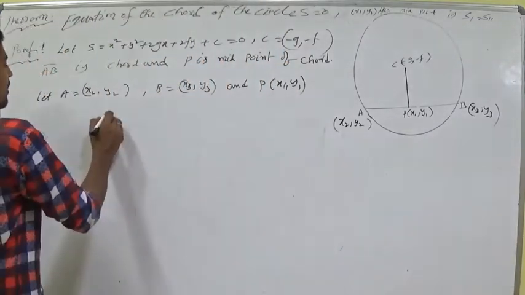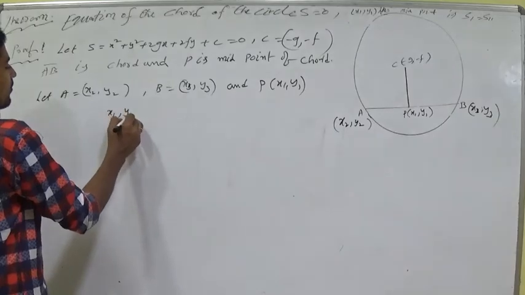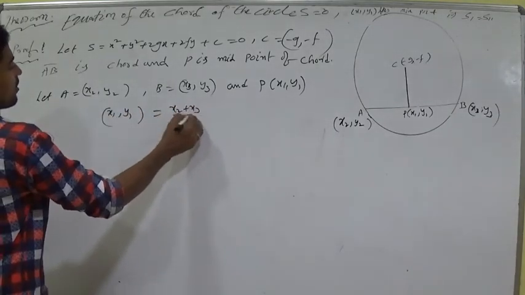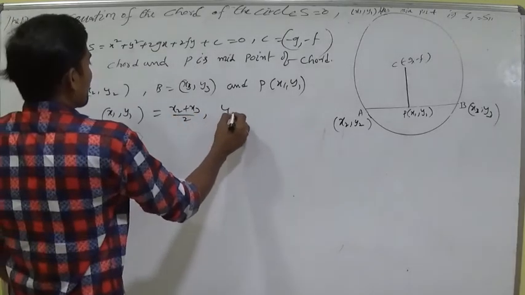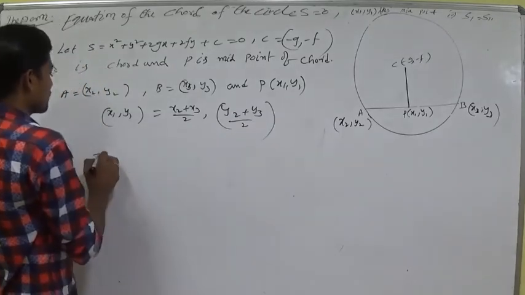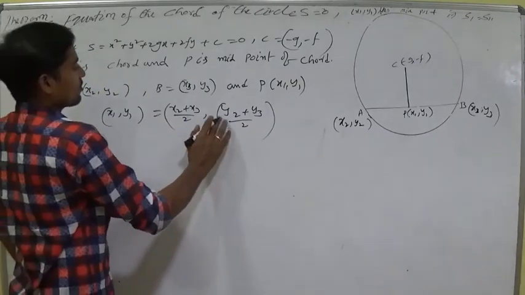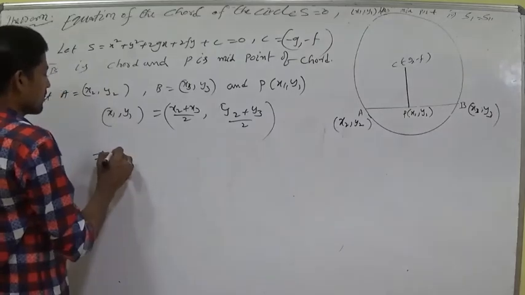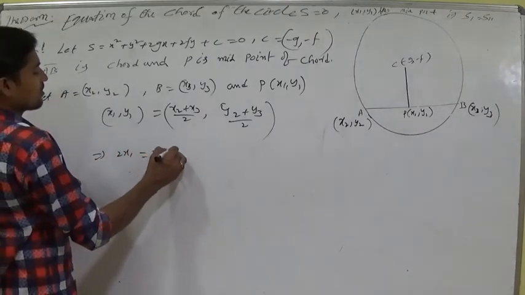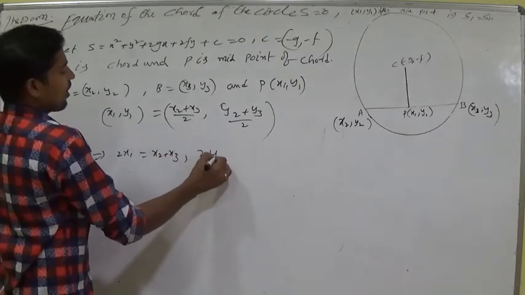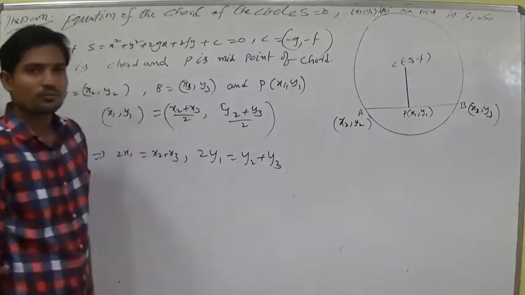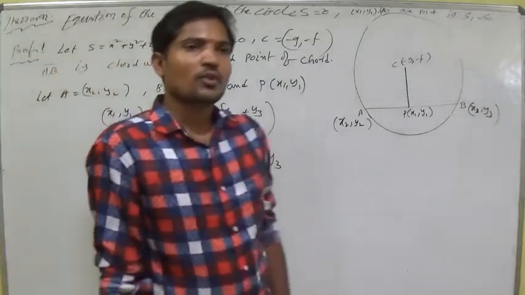So (x1, y1) equals ((x2 plus x3)/2, (y2 plus y3)/2). That implies 2x1 equals x2 plus x3, and 2y1 is equal to y2 plus y3. Clear?